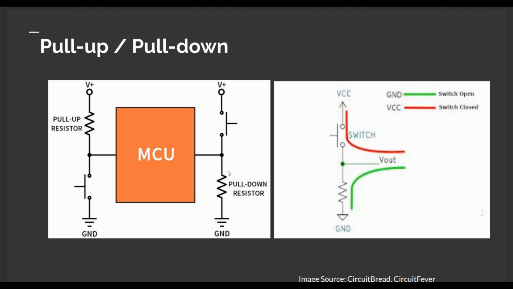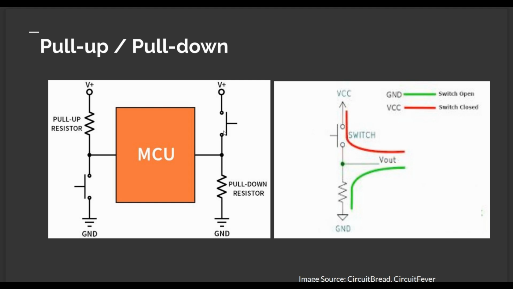If the pull down resistor is not there, we don't know where the GPIO will go, whether to high logic or low logic. So to give a certain input when the switch is released, we add one pull down resistor here. When the switch is released, the GPIO will be pulled down to ground. So it will be in a definite state of low logic.